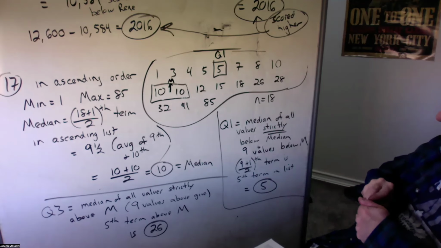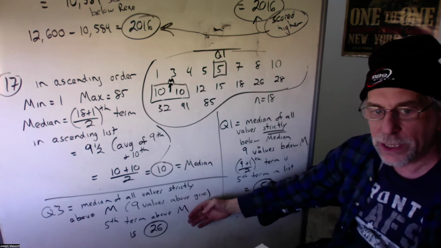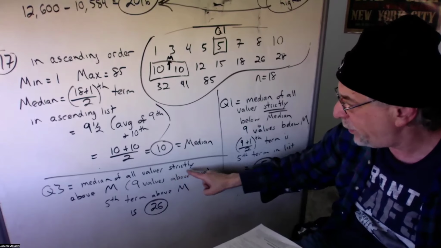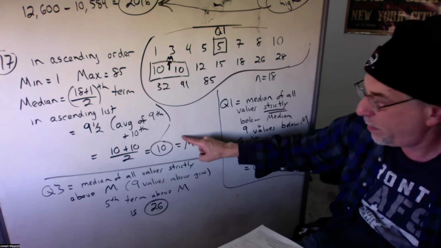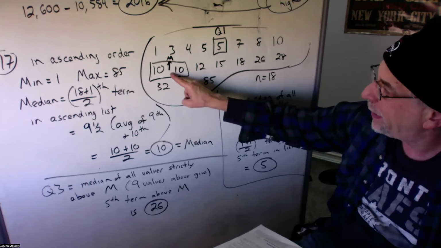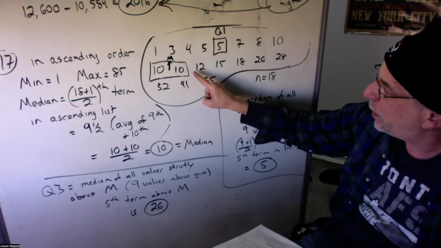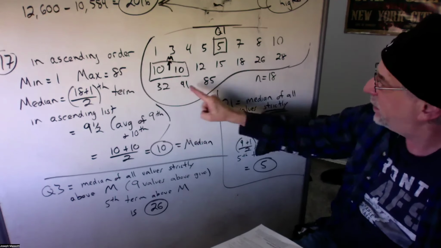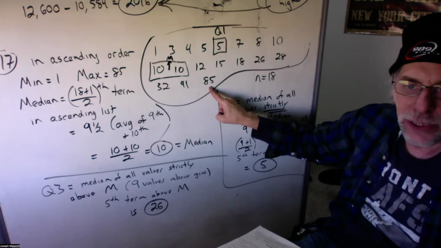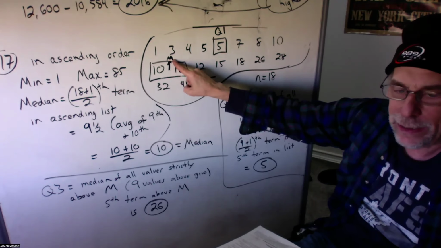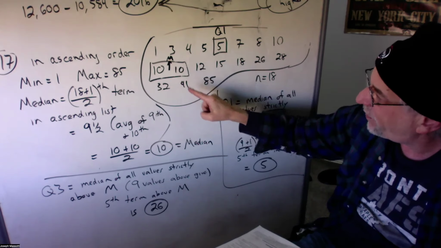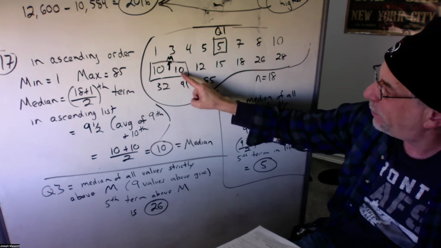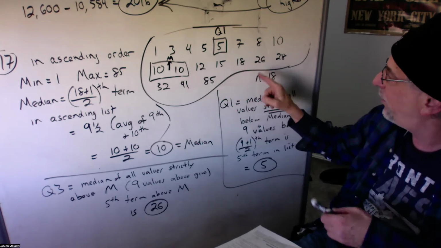And then we do the same idea for the third quartile. The third quartile is the median of all the values strictly above the 50th percentile. So again, here's the median, and there's 1, 2, 3, 4, 5, 6, 7, 8, 9 values above the median. So again, it's going to be the 5th value above the median this time. 1, 2, 3, 4, 5.